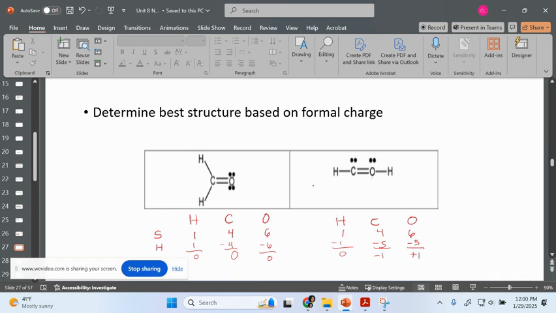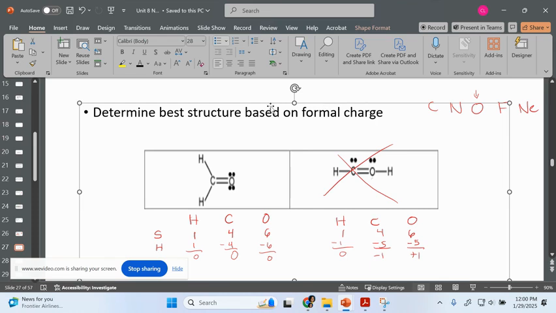Remember, your electronegativity increases as you move across. So oxygen is more electronegative than carbon. If you had to have a formal charge on stuff, the oxygen is the one that should have the negative formal charge, not the carbon. So this one's a bad structure for a couple different reasons.